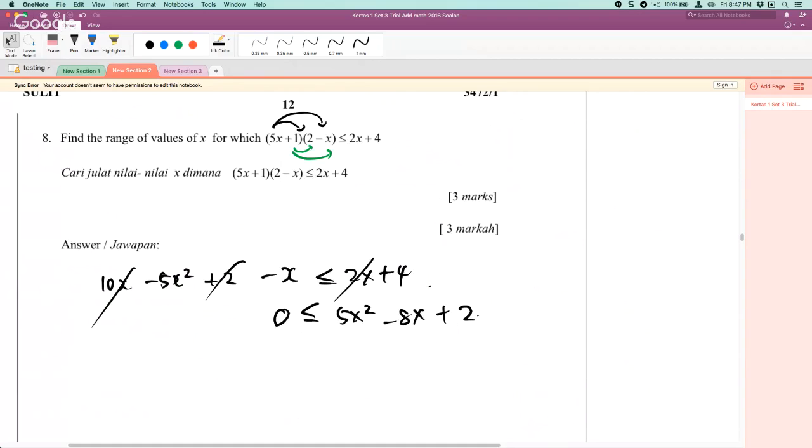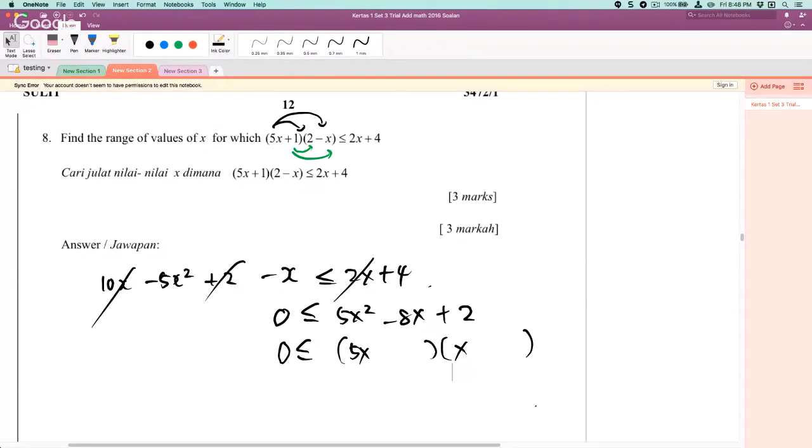Can I? Let's see. This is 5x, this is x, and then to get the middle term I will use 2 and 1. No, 2 and 1 gives me 9.